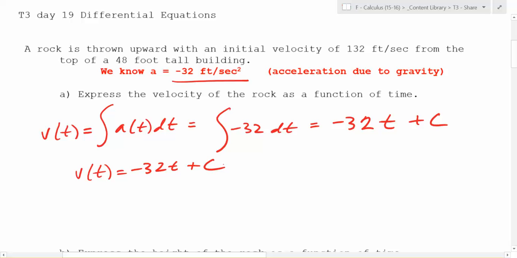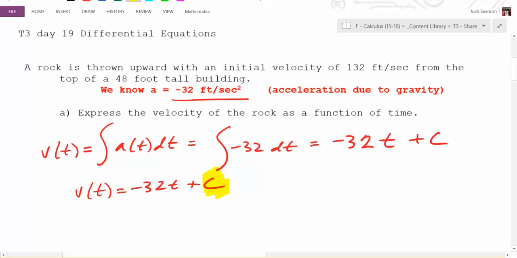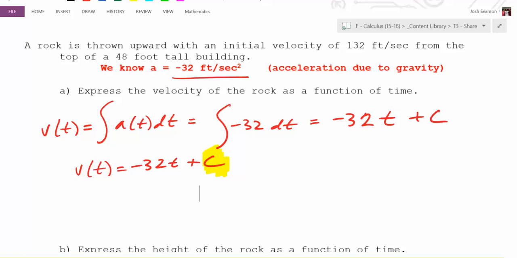We're not done yet, because what is the one missing thing we need to solve for? We need c. We need to find c in order to write this equation. What information do we use to find that? It gave us the initial velocity.